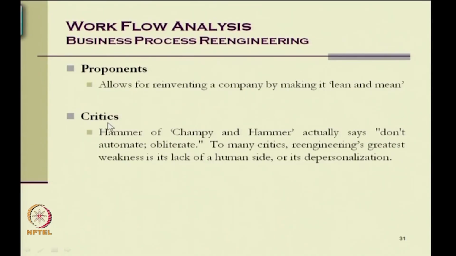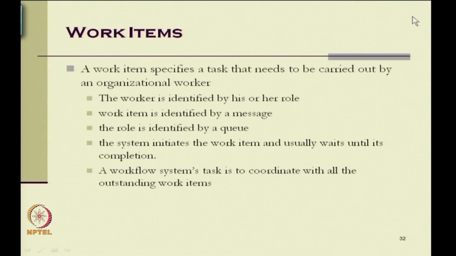Then we have the critics of the system. Hammer, the champion, actually says, do not automate, obliterate. To many critics, reengineering's greatest weakness is its lack of human side or its depersonalization. But then the critics of the critics point out that business process reengineering was never meant to be the answer to all problems.